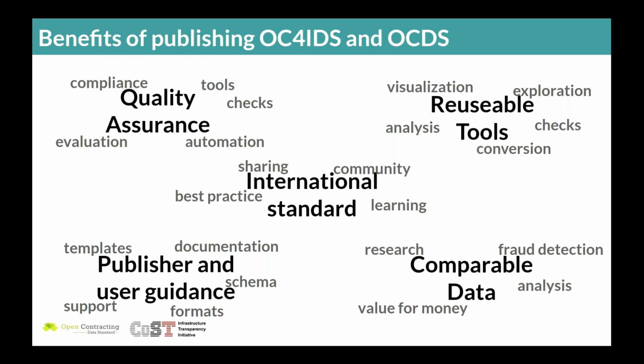Also, because we have specific definitions of each field and guidance, everyone can agree on what that data actually means, which enables comparison of data between different publishers, and that can really drive value for money and other types of analysis. And also, with an international standard, there's a community of publishers and users to learn from and share your work with. So there's a really collaborative element to publishing in OCDS, and an emerging collaboration around OC4IDS, of which you are part.